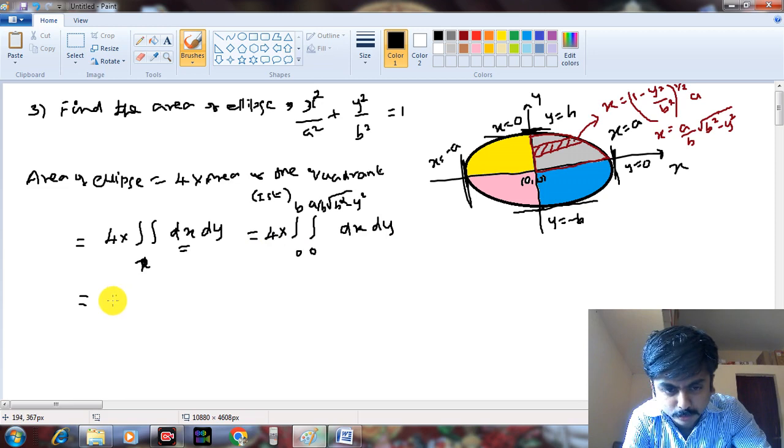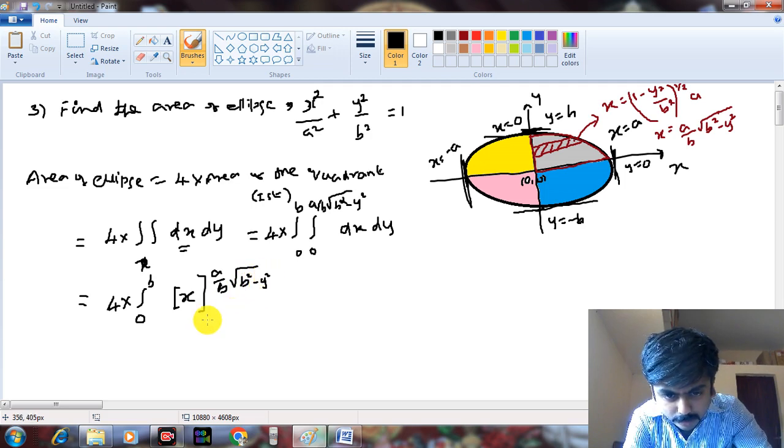So 4 times the integral 0 to b, dx gives x after integrating. So x, the limits vary from 0 to a by b root of b square minus y square, and dy.